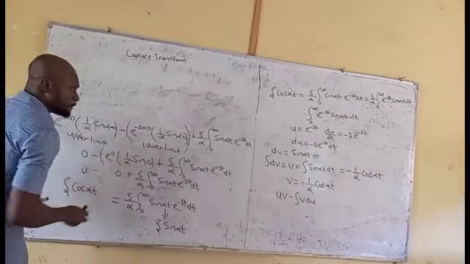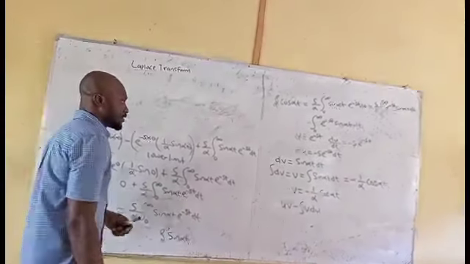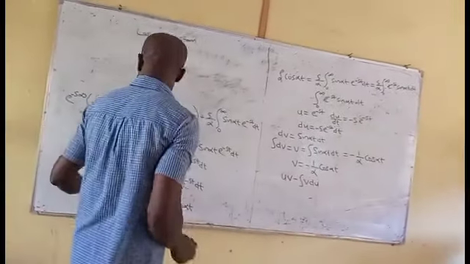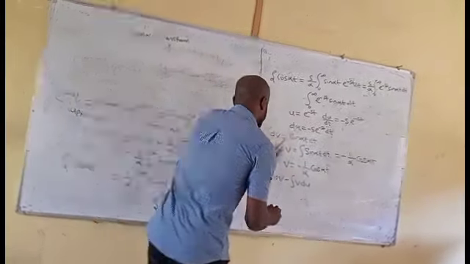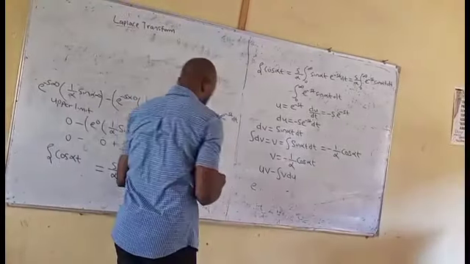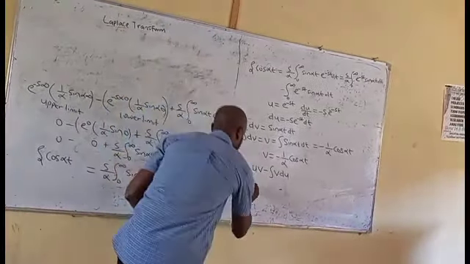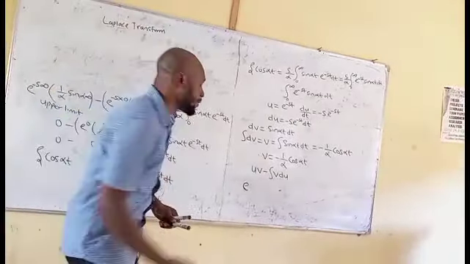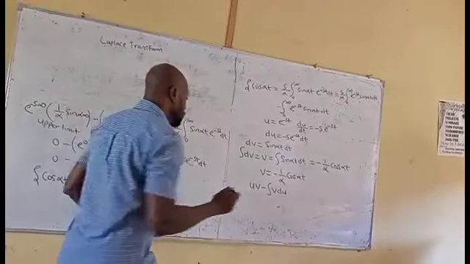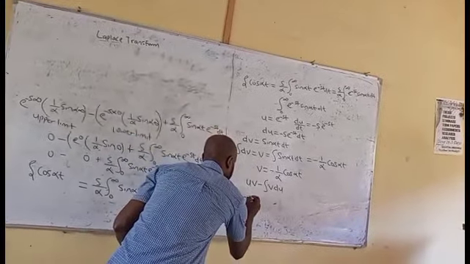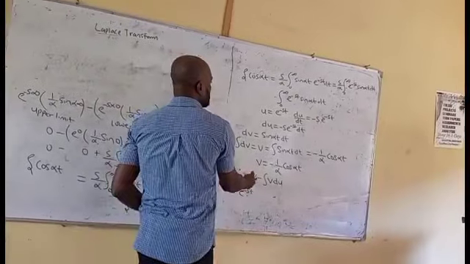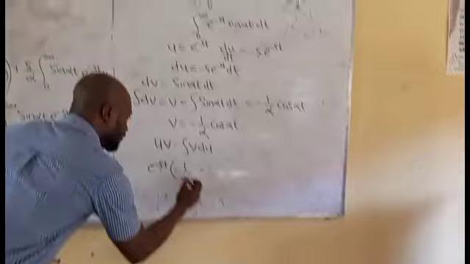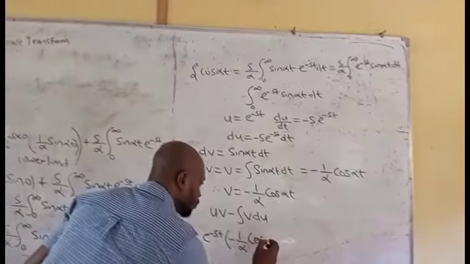So now I'm going to do the integration by parts. When I do that, mind you, my u is exponential minus st. I have u equal to exponential minus st. What's my v? My v is minus 1 over alpha cos alpha t.